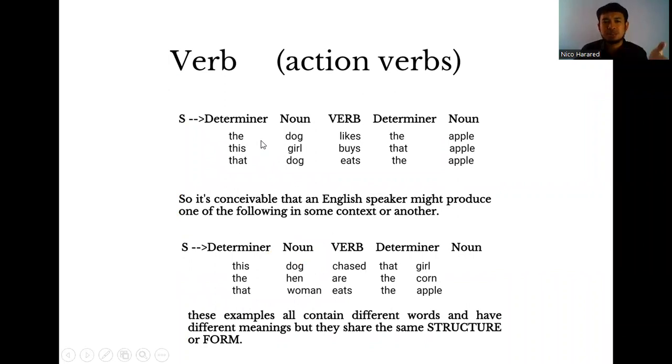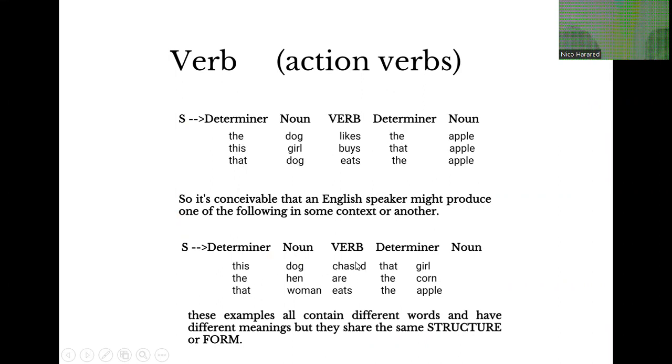So we also have another action verb. This is the construction of the sentence: determiner plus noun plus verb plus determiner plus noun. The dog likes the apple. The girl buys the apple. That dog eats the apple. We have another construction of the sentence like this.